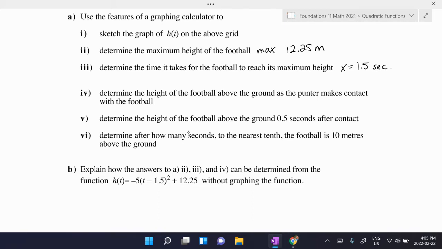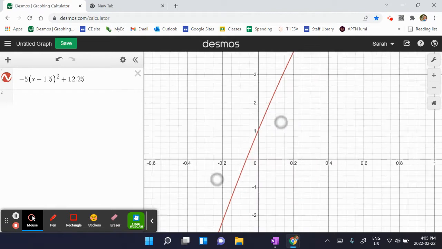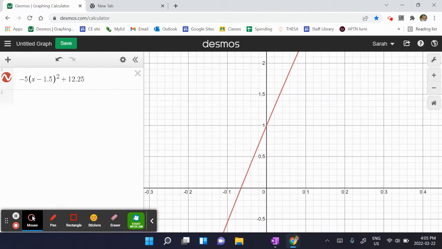Let's have a look at that. What we're going to notice is at 0, when x is equal to 0, that's when it's getting punted. It's actually 1 meter above the ground. It doesn't start at 0.